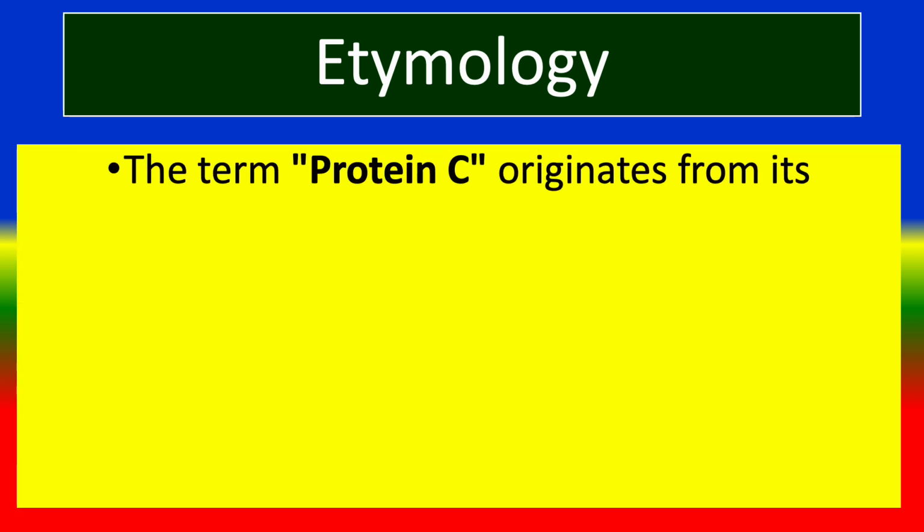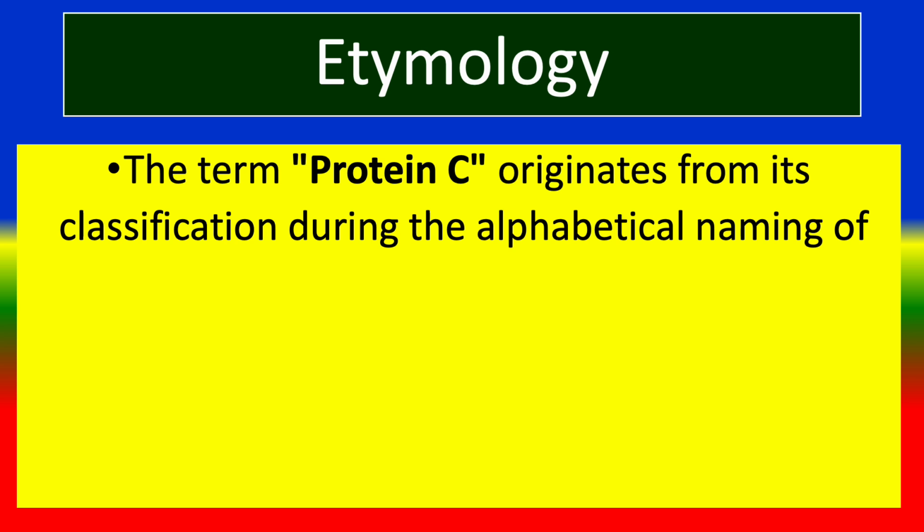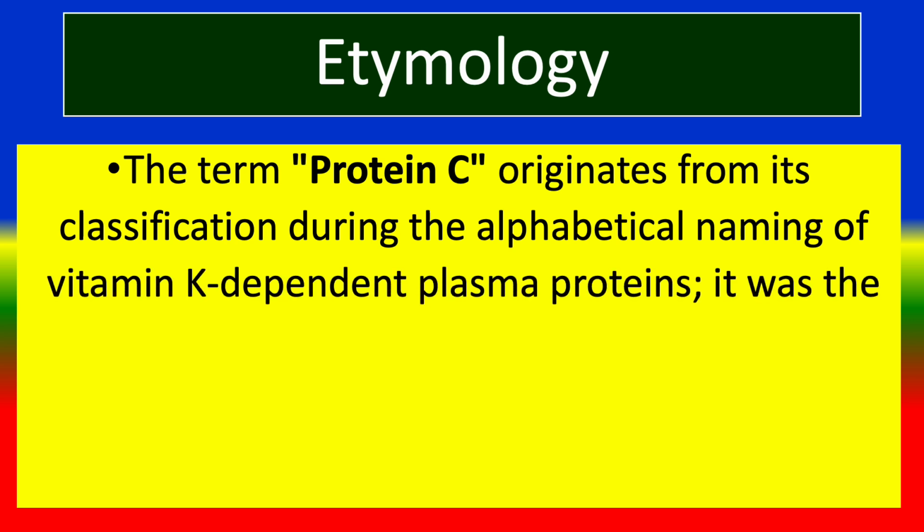Etymology. The term protein C originates from its classification during the alphabetical naming of vitamin K dependent plasma proteins.